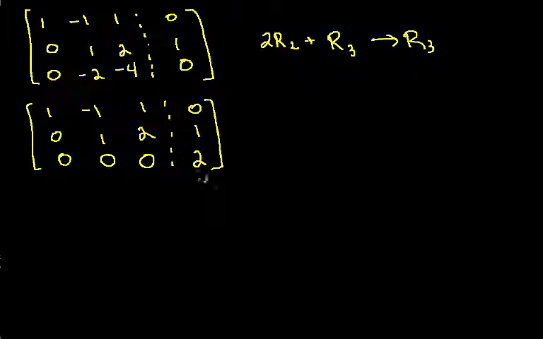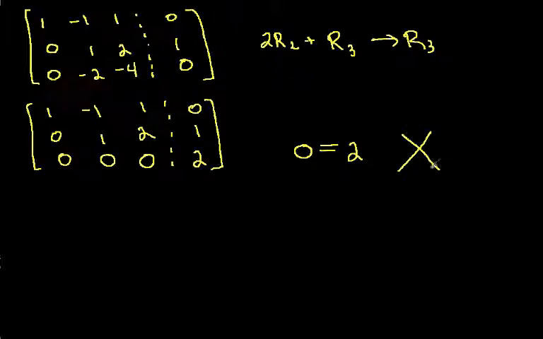But the fourth column is special. That's where we keep the numbers on the other side of the equal sign. If I convert this back into an equation, on the left-hand side I have 0 times x1, plus 0 times x2, plus 0 times x3, and then the equal sign, that's what the dotted line means, and then I have 2. Well, this is obviously a false fact, so we have no solution.